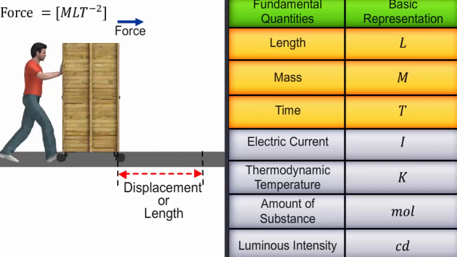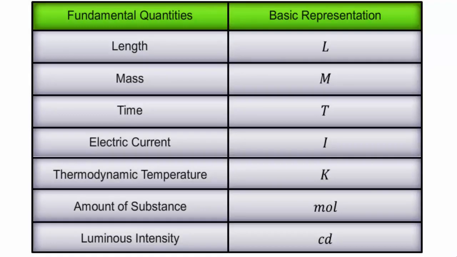Thus, we can say that the dimensions of all the other 4 base quantities in the expression for force are equal to 0. In mechanics, most derived quantities are related to only 3 of the 7 base quantities, namely mass, length, and time.